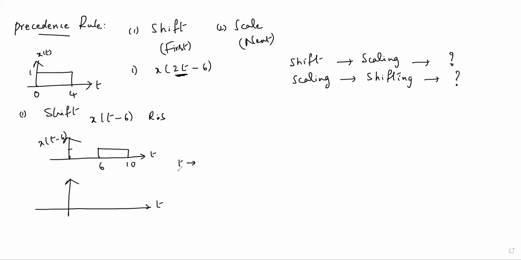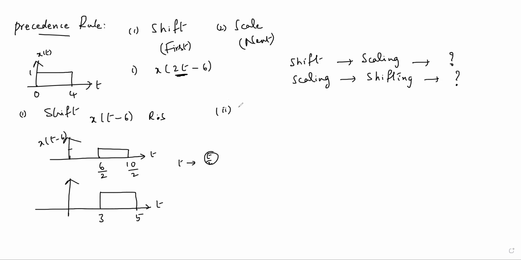Scaling with 2 means t should be divided by 2, to get the scaled version of this signal. So we get the signal from 3 to 5. This is the signal after scaling the shifted version. In case I have not written the expression here, just think of it.